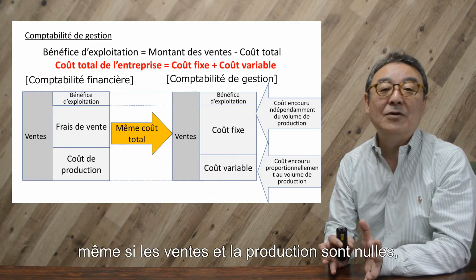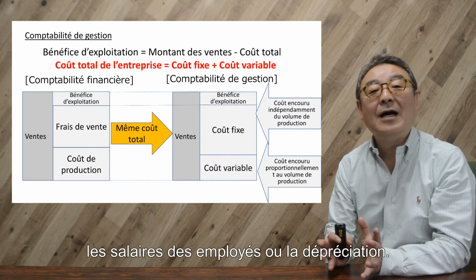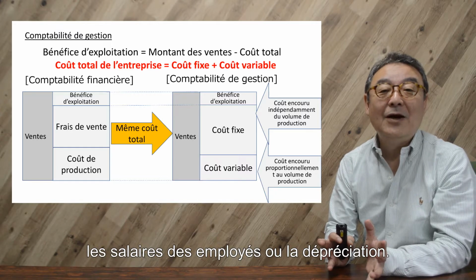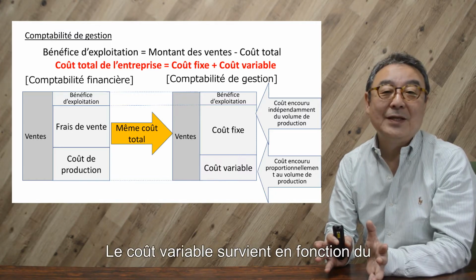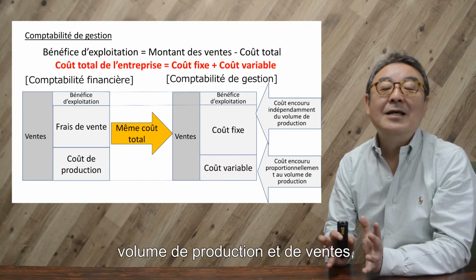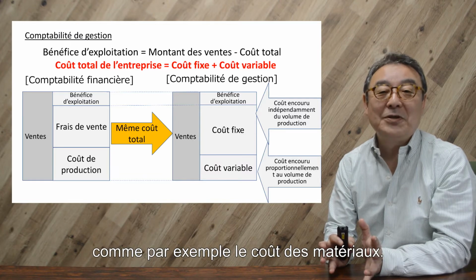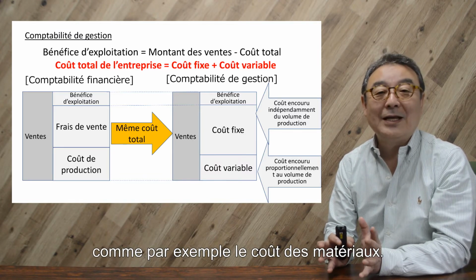So even with zero sales, zero production, it is incurred, like employee salary or depreciation. And variable cost occurs according to the volume of production and sales, like material cost.